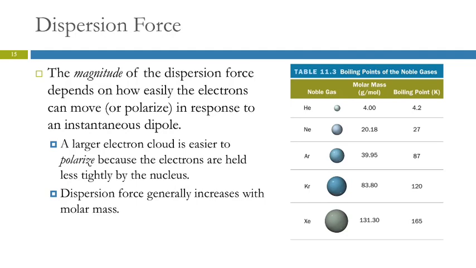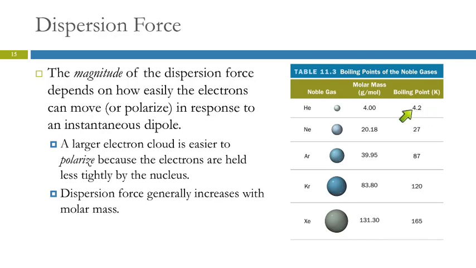The more easily it is to polarize those electrons, the stronger the force of attraction caused by that dipole force. And so what we see here is a trend with the noble gases that the boiling point increases as the molar mass increases. The only force of attraction between noble gas atoms is a dispersion force.